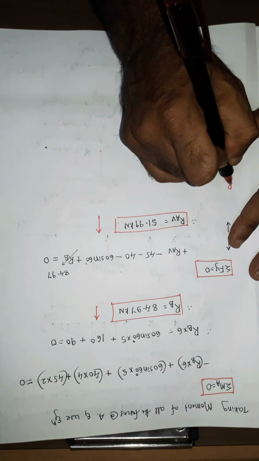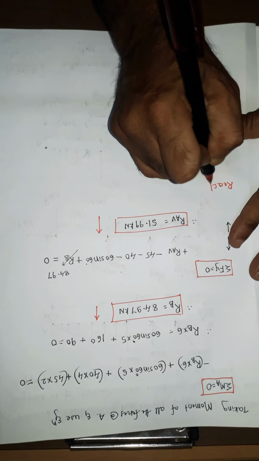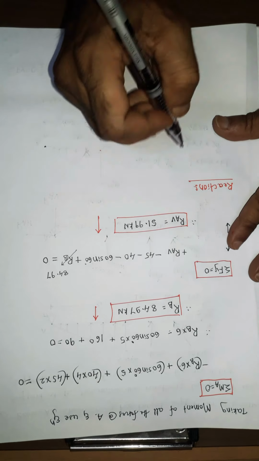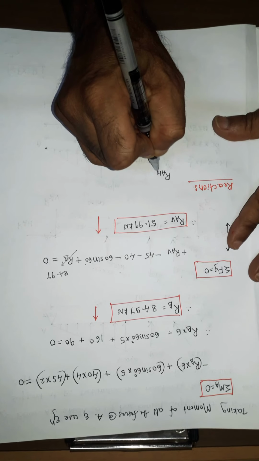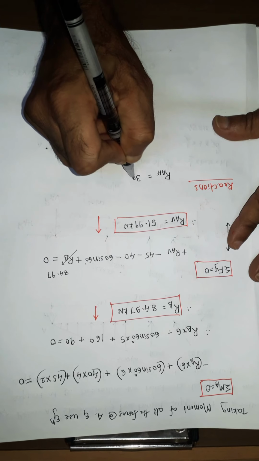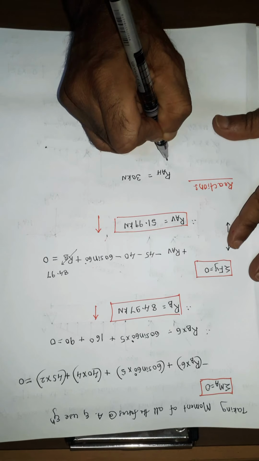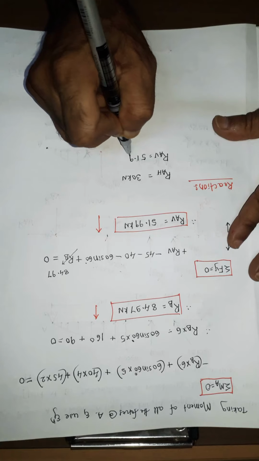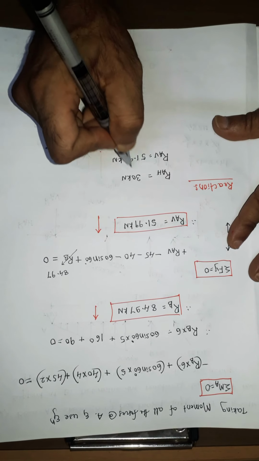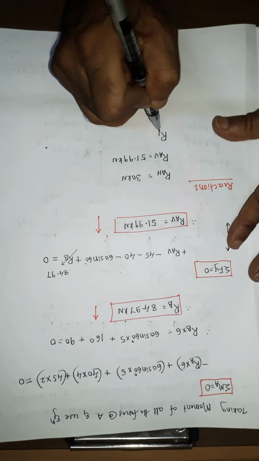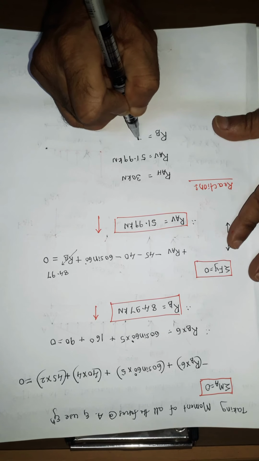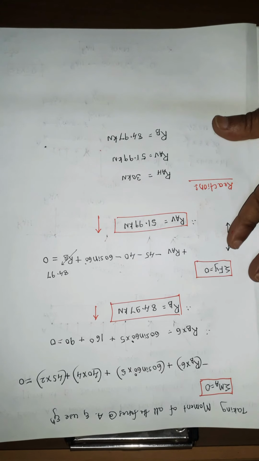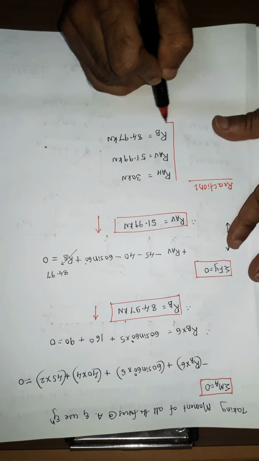Lastly you can tabulate: RAH is equal to 30 kilonewton, RAV is equal to 51.99 kilonewton, these two at point A, and reaction at B, RB, is equal to 84.97 kilonewton. So these are the final reactions.